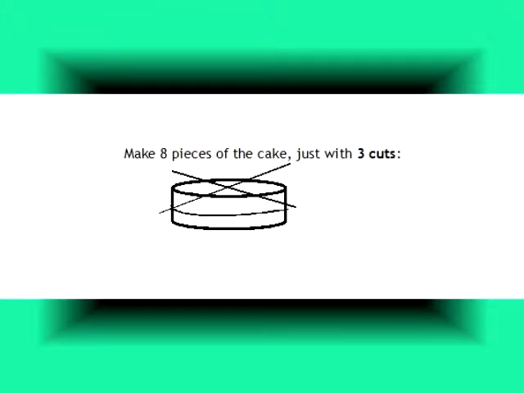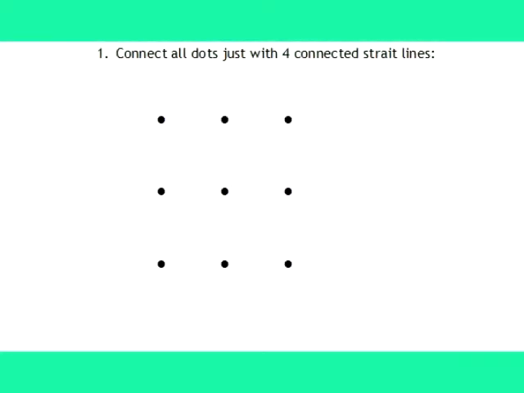Good. Now connecting dots is exercise number 4. You see these 9 dots. How can you connect them with 4 connected lines? Keep trying, keep trying. Don't worry, just keep trying. Good. This is the solution.